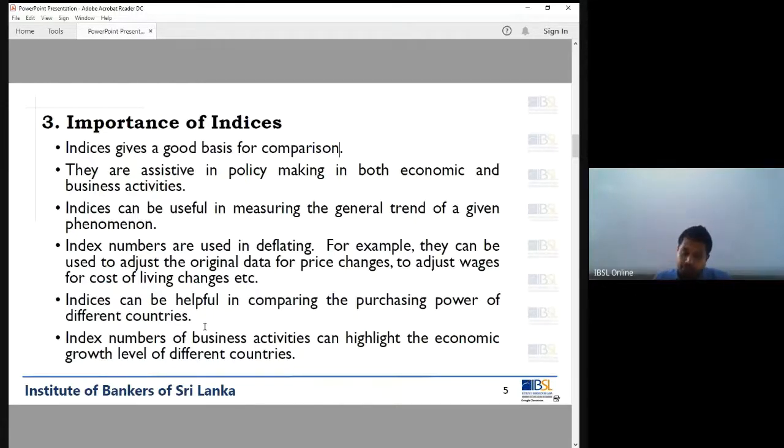So for instance, let's say we take an index like GDP growth. You may see emerging economies have a GDP growth of maybe 3 to 5%, and stable economies will have a slightly lower growth compared to emerging economies. So based on the GDP growth, you may have seen different indices of, let's say, price movements and foreign currency exchange rates, and those indices will obviously tell you whether a country's currency will see a deflating or diminishing trend or an appreciating trend.